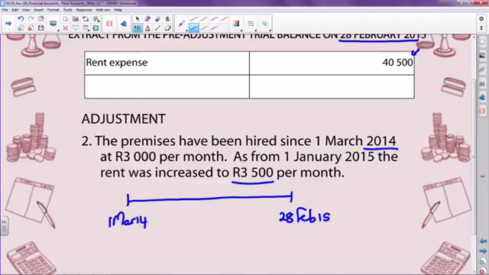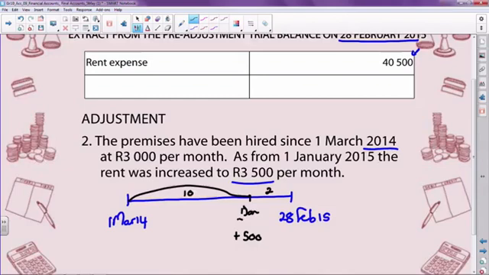But now what happened? We had an increase on the 1st of January. It went up with 500 Rand. Now, there's a few ways you can do this. Now, let's go and check. For the months of March to January, you'll see, if you go and count them, the 1st of January, remember, we have 10 months, and then here we have 2 months.